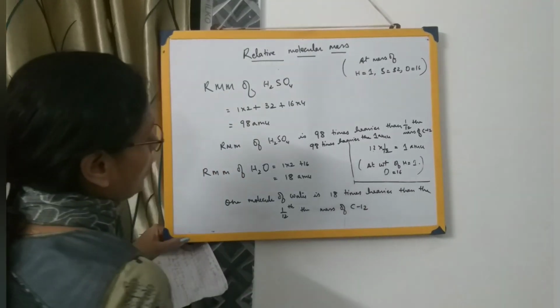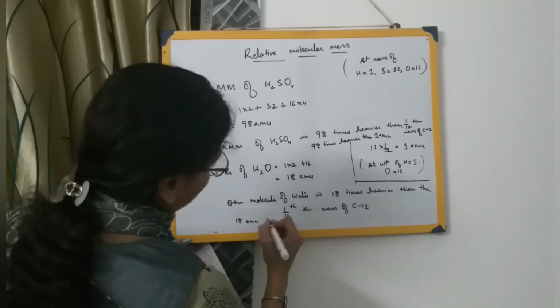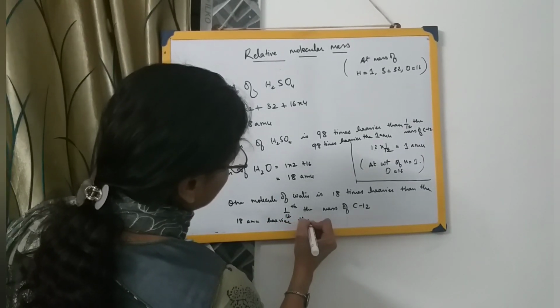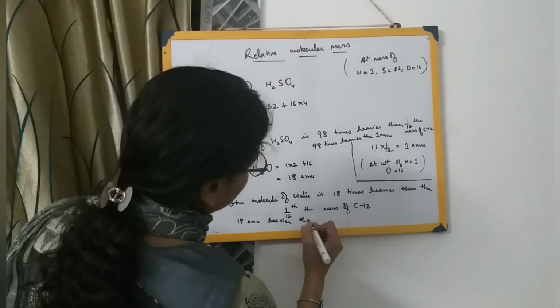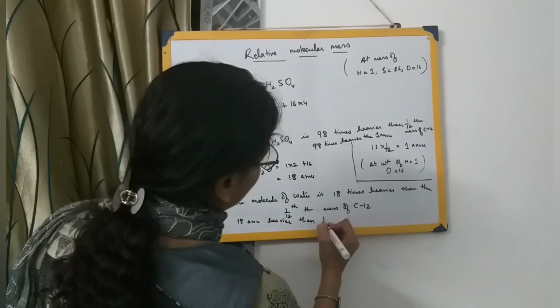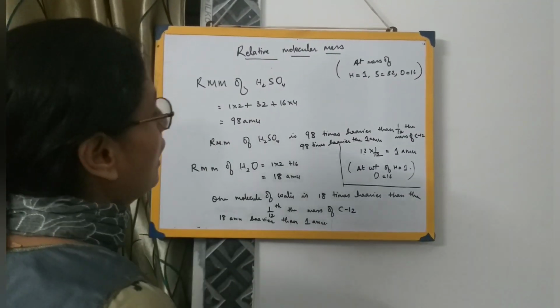So it means 18 AMU is heavier than 1 AMU, 1 atomic mass unit. Is it clear?